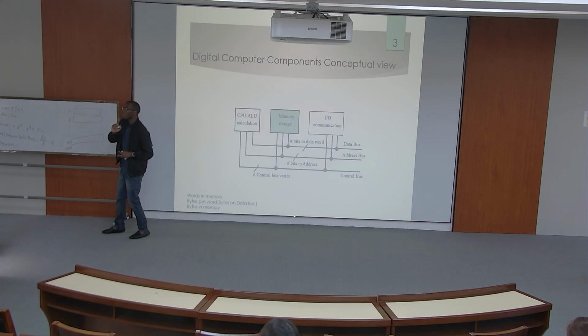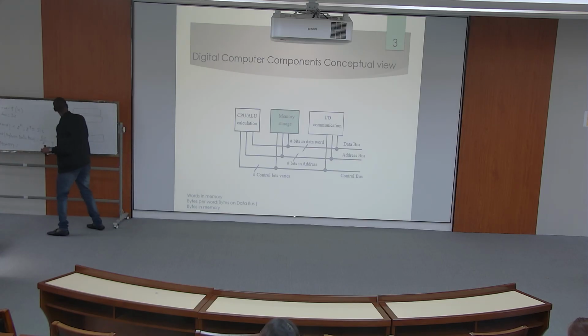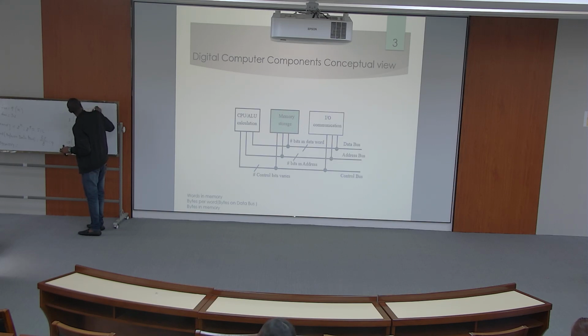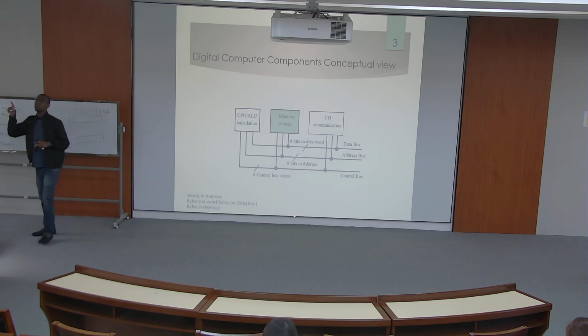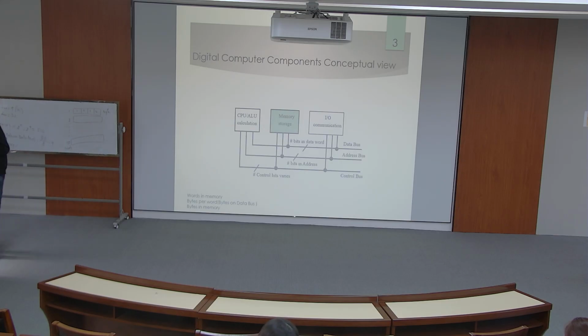Each word is how many bytes? Each word is 4. Now, 1, 2, 3, 4. We have 4 bytes per word. Now, how many words are there in total in the memory?